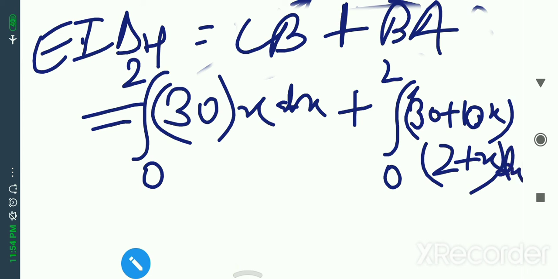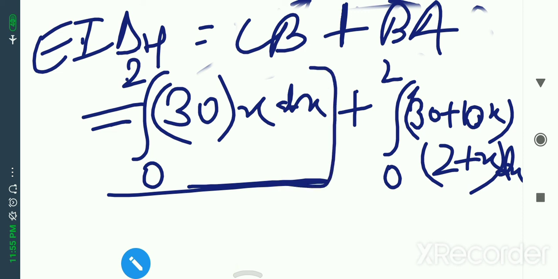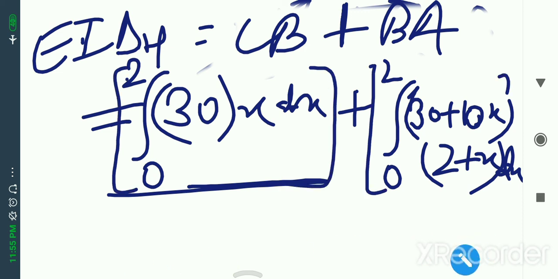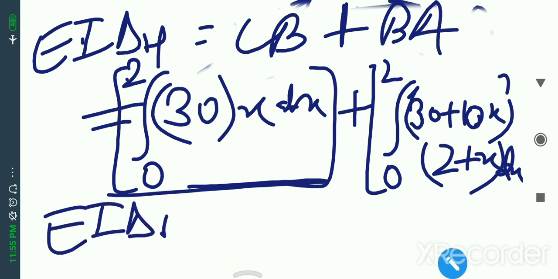If we go on integrating this term and this term, we will obtain the value of EI delta H as 306.66.